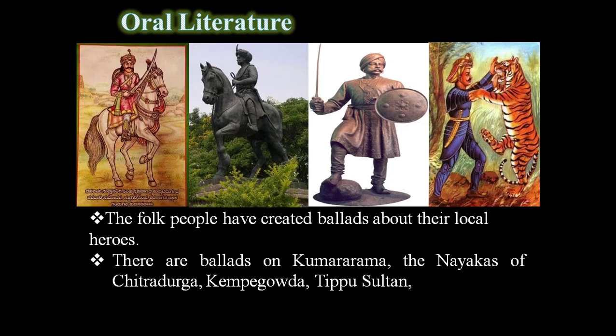There are some ballads on Kumara Rama, popularly called Gandugali Kumara Rama, and also the Nayakas of Chitradurga, the founder of Bengaluru Kempe Gowda, and the tiger of Mysore Tipu Sultan. About these heroes, the locals created ballads to impress their rulers and heroes, and they highlighted them.